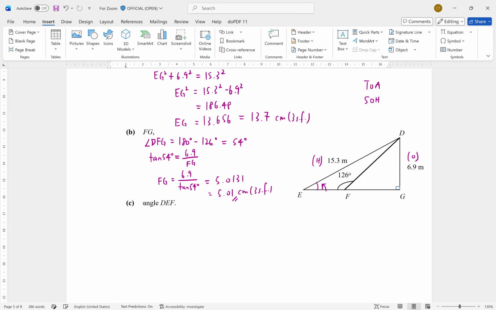So sine angle DEF will equal opposite over hypotenuse. Remember, if you want to find the angle, we need to use the sine inverse function.